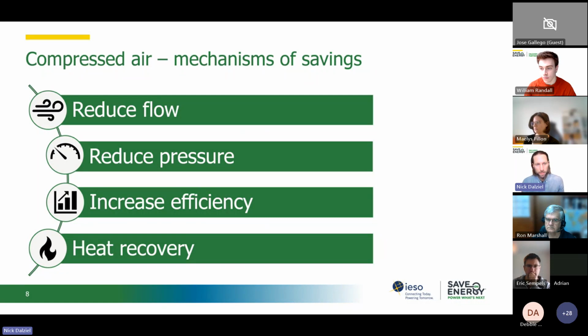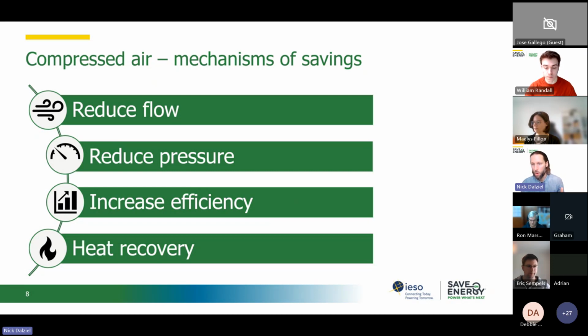We believe that understanding these mechanisms of savings is critical to not only identifying wasted energy and therefore opportunities, but also to coming up with good savings estimates, by understanding what you're doing that is expected to result, at the end of the line, in a reduction in the input power to the motor of your compressor.